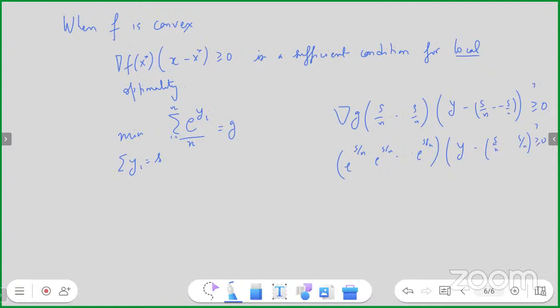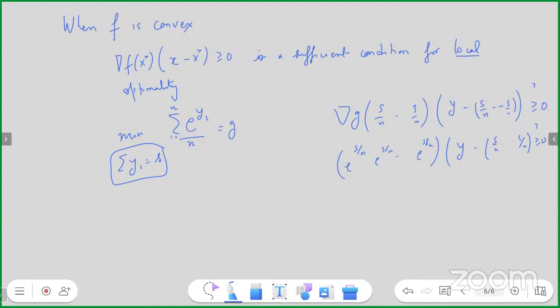Is this true? Any point which satisfies this, that's all I need to check, over all points y such that summation of yi is equal to s.